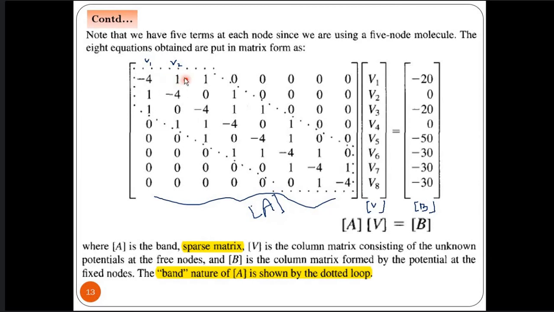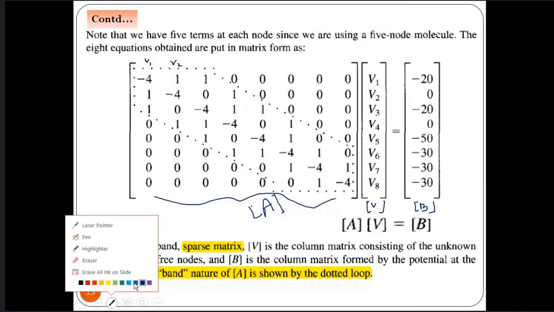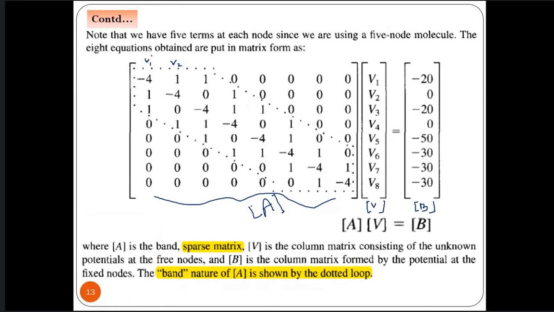A of ij will be equal to 1 if it is connected. The nodes are 1, 2, 3, 4, 5, 6, 7, 8.